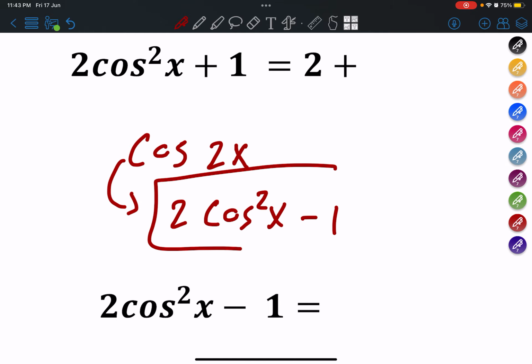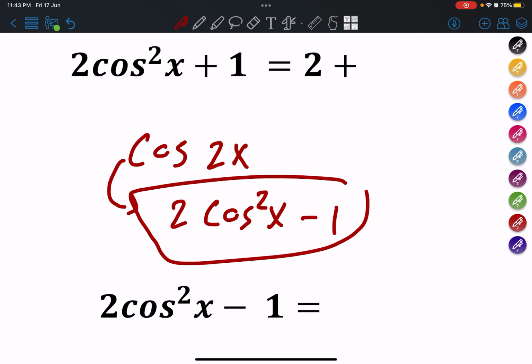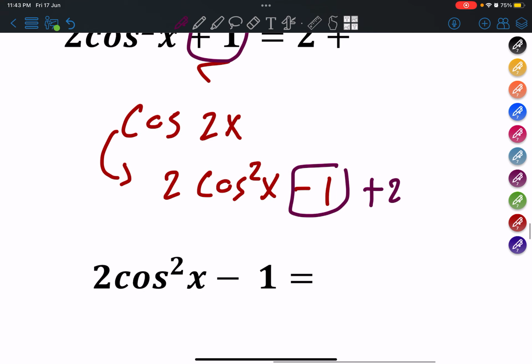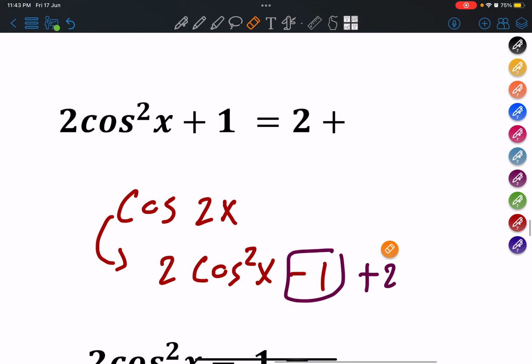If we see here, they are kind of similar, but the only difference is that we have minus 1 here and plus 1 here. So what we essentially did was add 2 to this equation, because then it became 0 and then 1. So it is the same exact thing. We'll just write cosine of 2x.